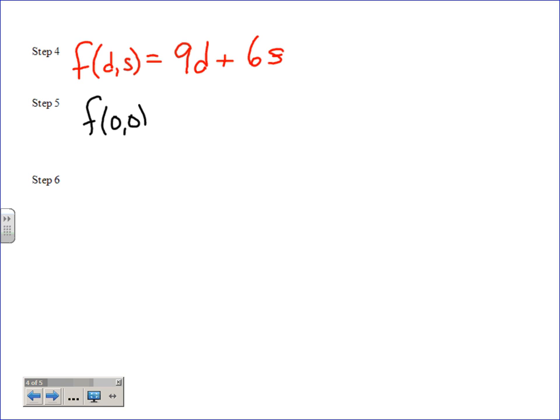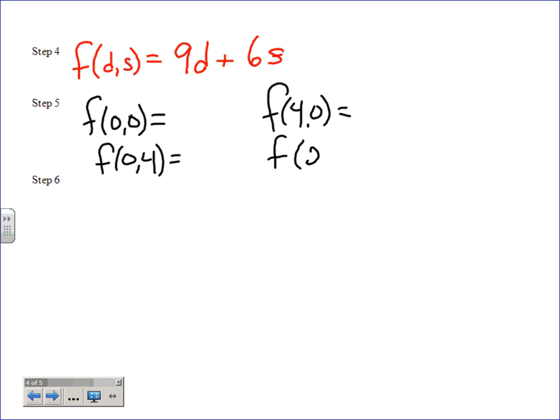F of 0, 0 is an easy one. 0, 0. Well, that's an easy one you get.